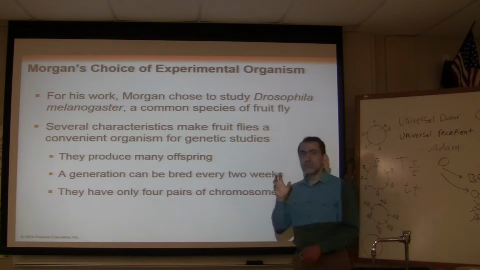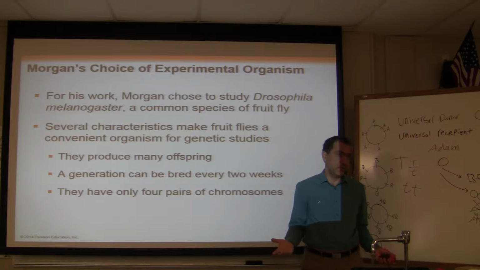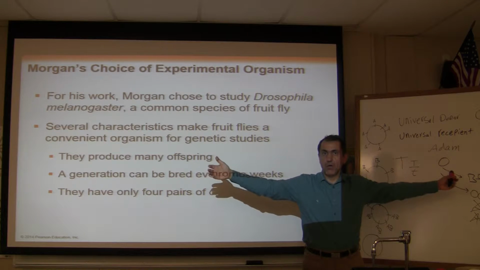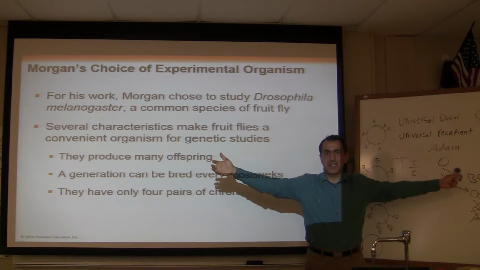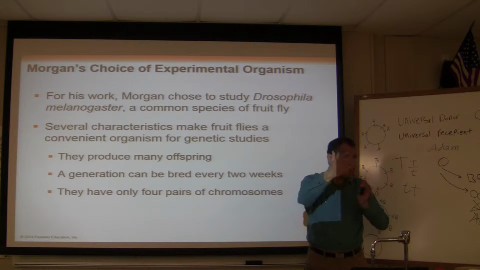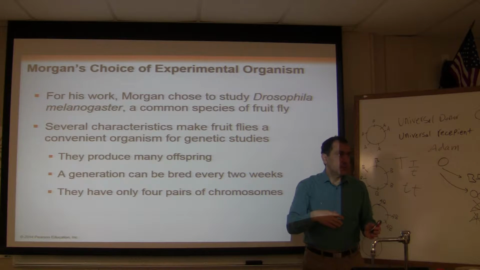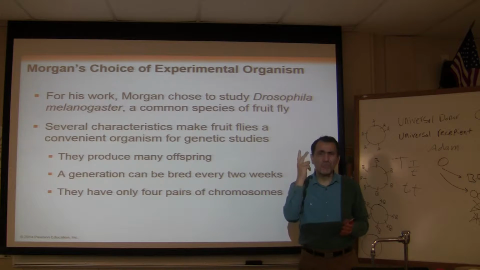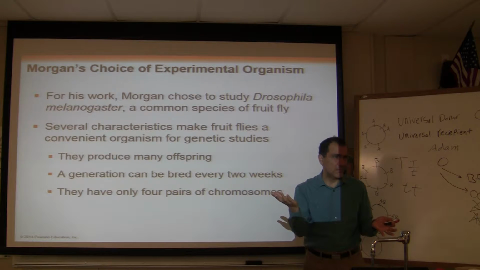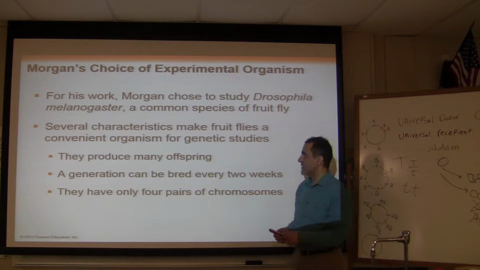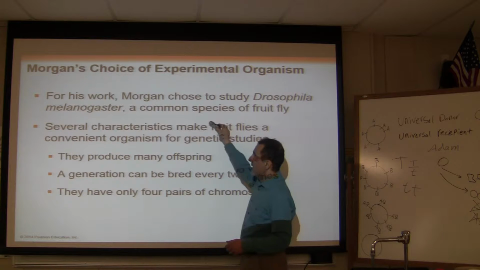Humans are not good subjects for genetic studies. We live long, and we cannot be mated on demand. We mate randomly, and we have only 1 or 2 offspring. That doesn't work. That does not give a good indication for genetic studies.